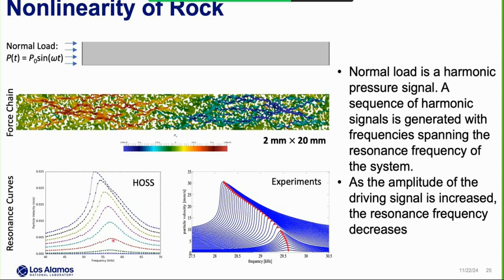Here, in our virtual numeric simulation, we can see that the resonance frequency of the microstructure reduces with the increase of the amplitude of the pressure. And we did different simulations to test the sensitivity of the parameters and the results.